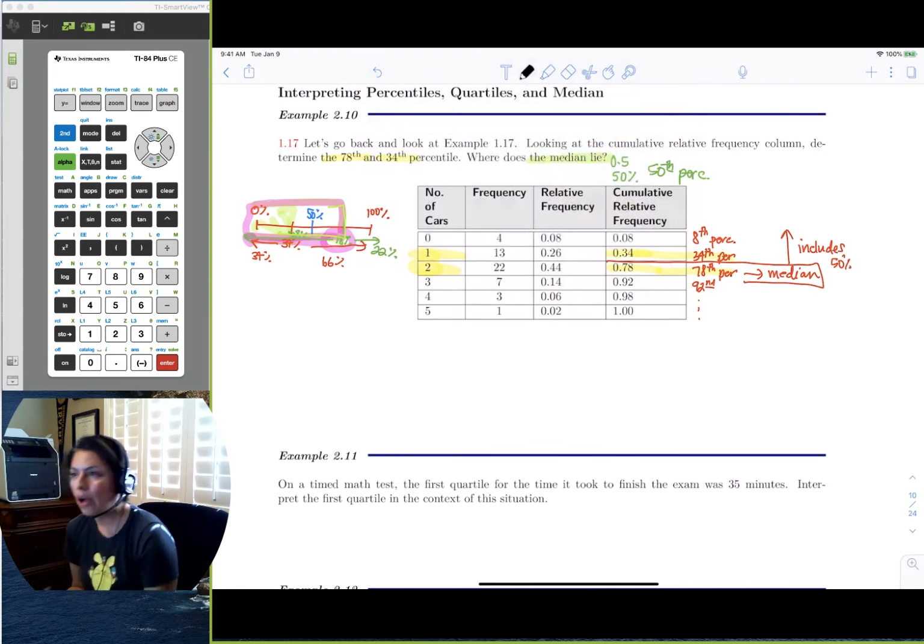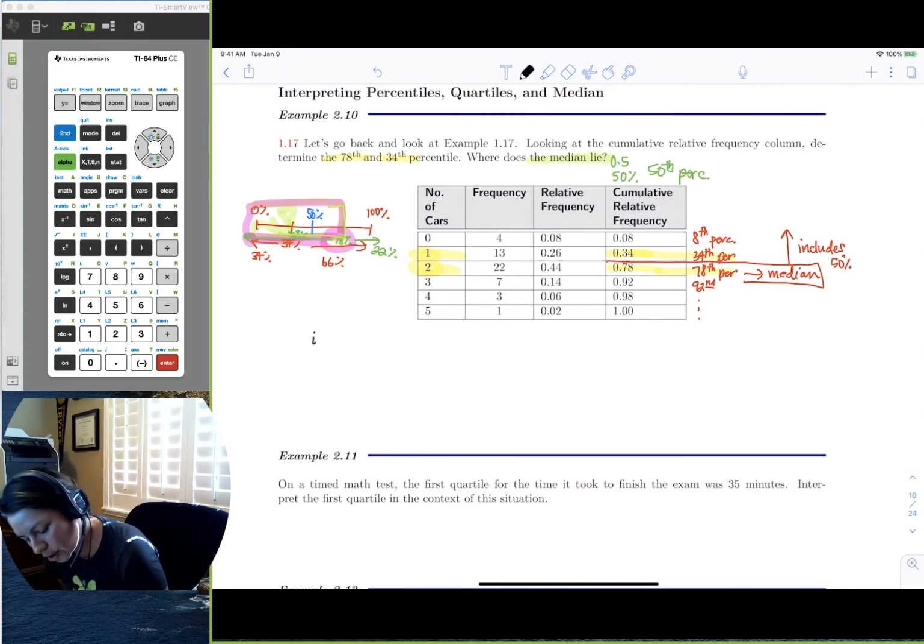So let's write this out. Let's do the first part.